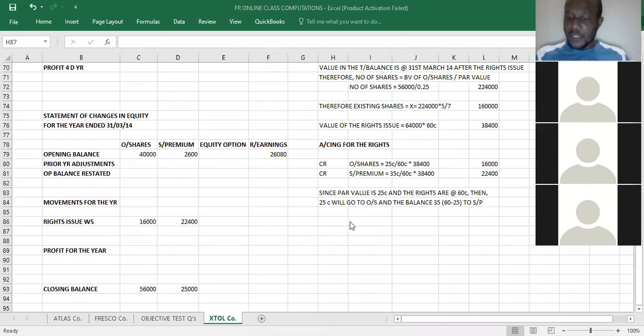Interest is paid annually in arrears on 31st March each year. The loan note is redeemable at par or convertible into equity shares at the option of the loan note holder on 31st March 2016.